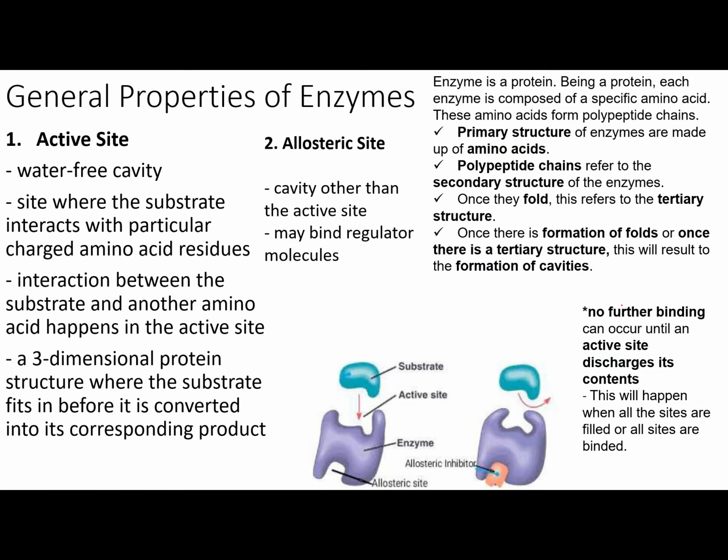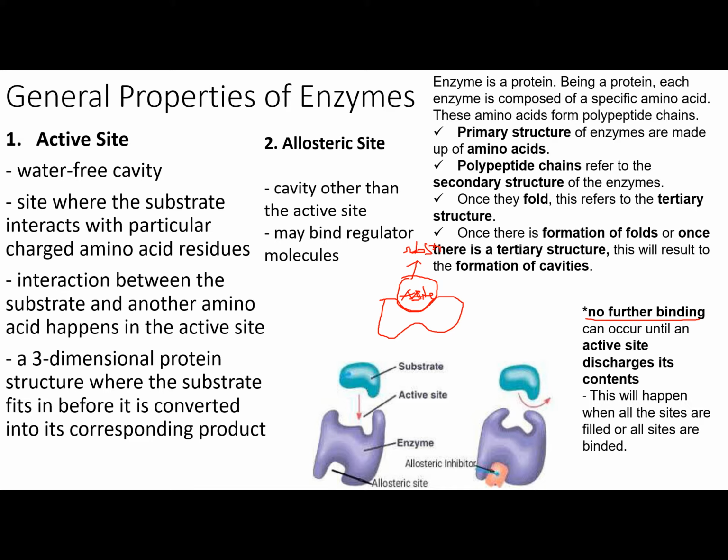Then another thing you need to take note of class about the active site is that no further binding can occur until an active site discharges its content. So imagine if this is your active site class. This is your active site. And then there would be here a substrate.